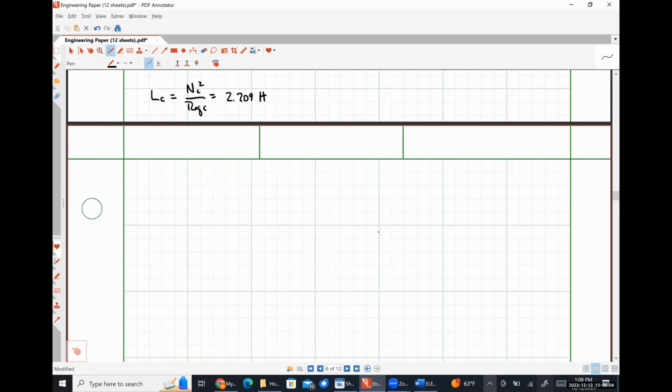So we have this magnetic circuit where we have our left reluctance, our middle reluctance, and then here's MMF A, and then our right reluctance.